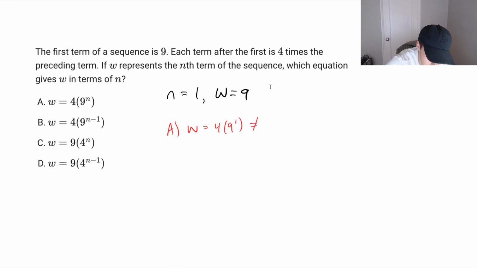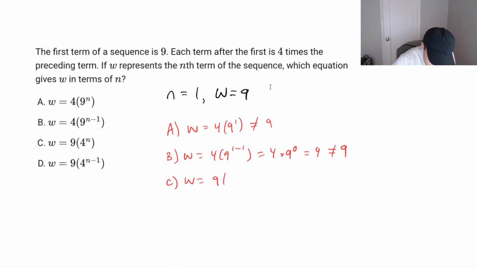That is not equal to 9, so it's not A. For B, we get 4 times 9 to the 1 minus 1, which is 9 to the 0, which is just 1, so we get 4. That is not equal to 9 either. For C, we get W is 9 times 4 to the 1, which is clearly not 9 as well.